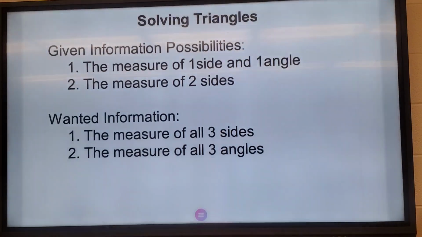So number 1 up top there, I'm actually going to give you 1 side and 2 angles because I'm giving you the right angle. Number 2, I'm giving you 2 sides and again the right angle. So you have 3 pieces of information. You are going to want to find all 3 sides and all 3 angles.